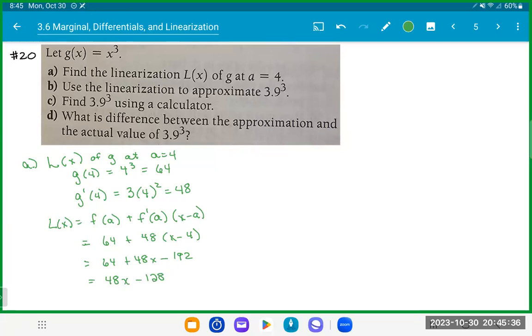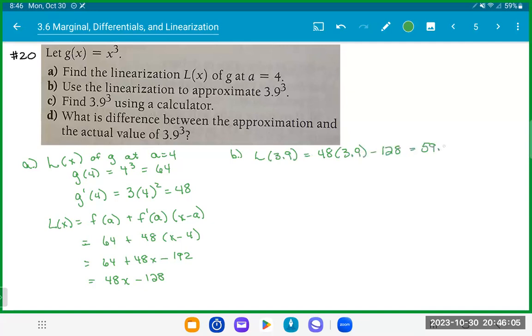Any questions so far? Now in part B, we will take our linearization to approximate 3.9 cubed. So L at 3.9 is equal to 48 times 3.9 minus 128.